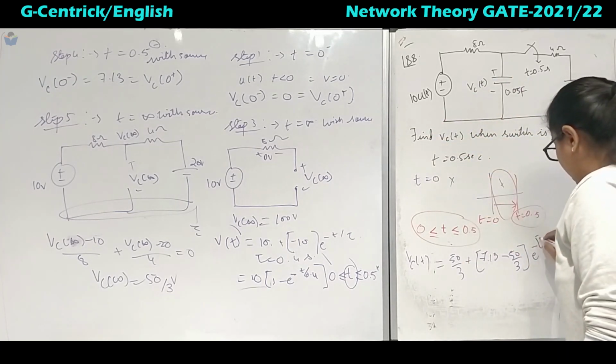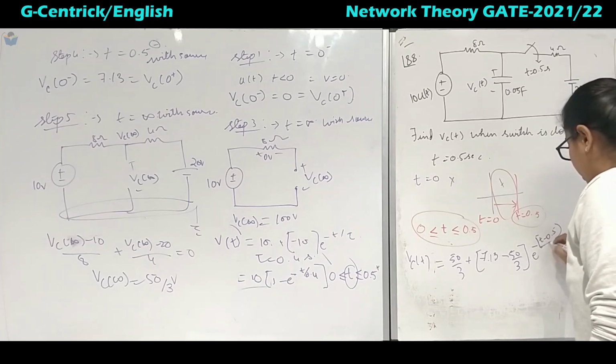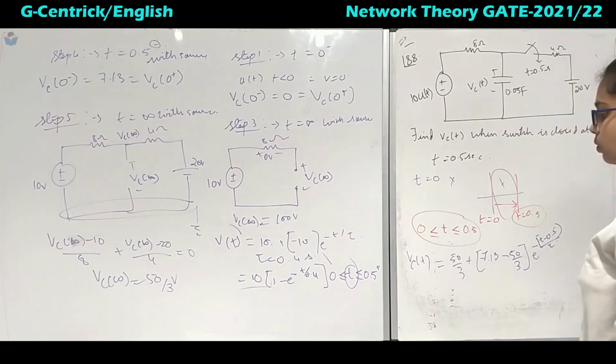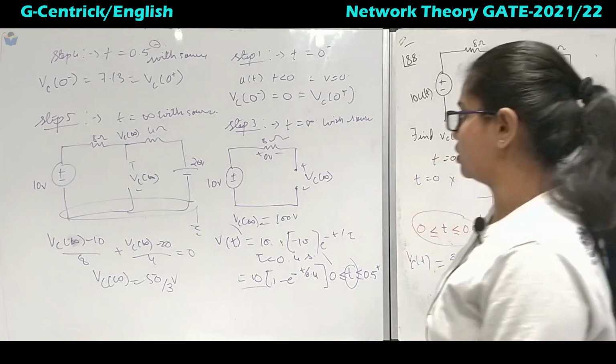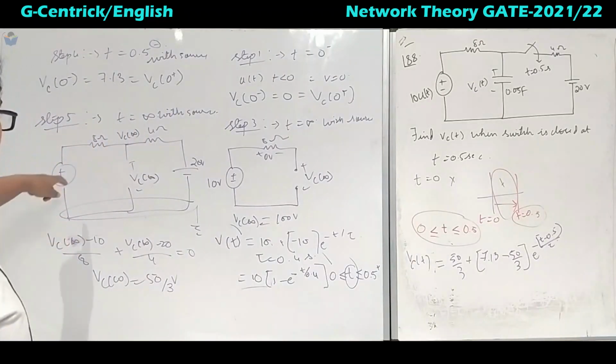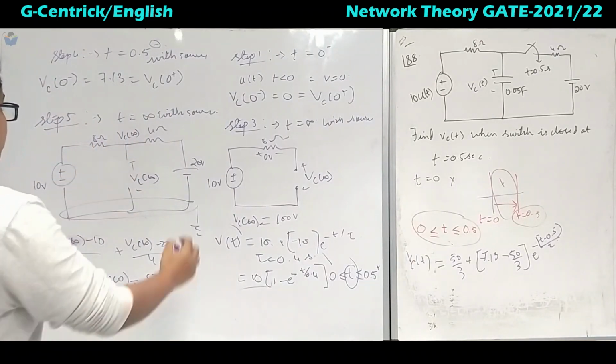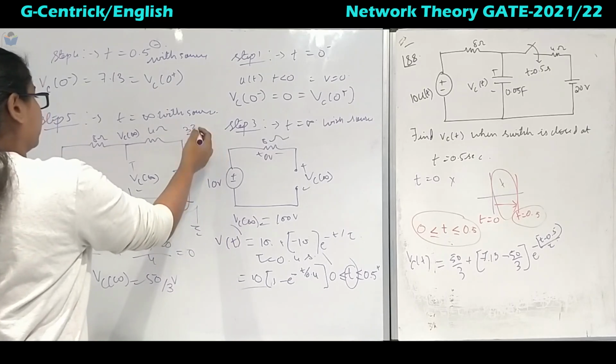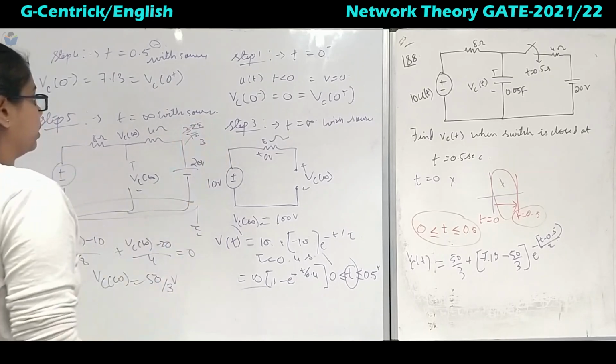So we will write it here as t minus 0.5 divided by tau. Our tau is nothing but R into C. This is the final equation that we have got. R will be 8 into 4, that is 32 over 12, which is 8 over 3.